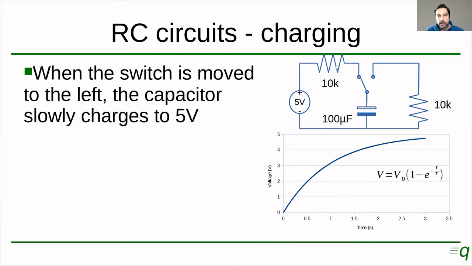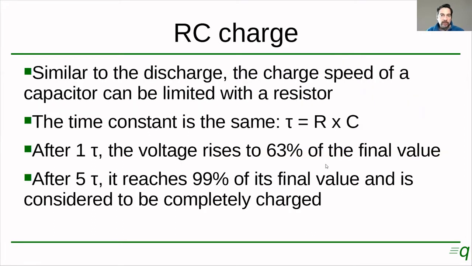It's calculated as the value of the resistor times the value of the capacitor. In this case, it's 1 second. So after 1 second, this is going to be charging to 63% of the final value in this case. Okay. And again, after 5 time constants or 5 tau, it will reach 99% of its final value, and we can consider it that it is fully charged.